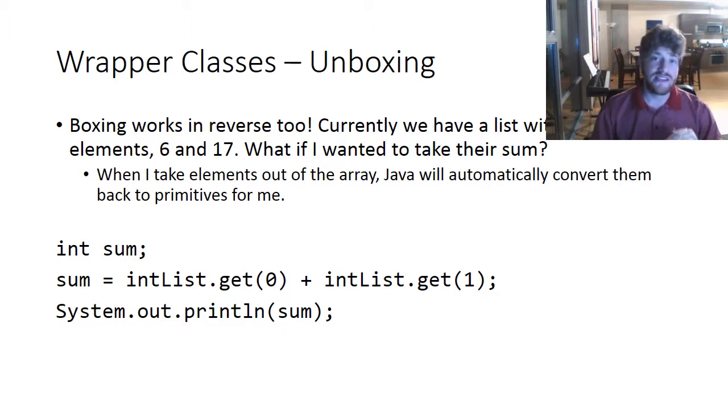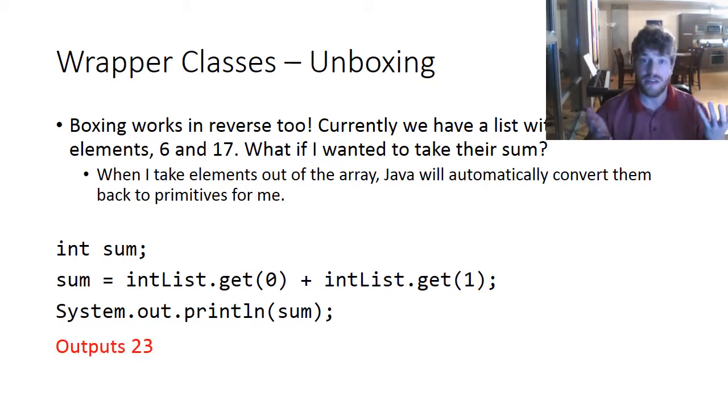And I've set it to be the sum of the first element and the second element in our list, which were 6 and 17 respectively. And then I print sum. And what do I get? Well, I get 23, as we would expect.